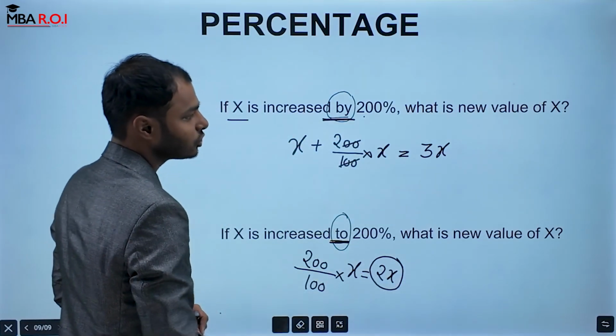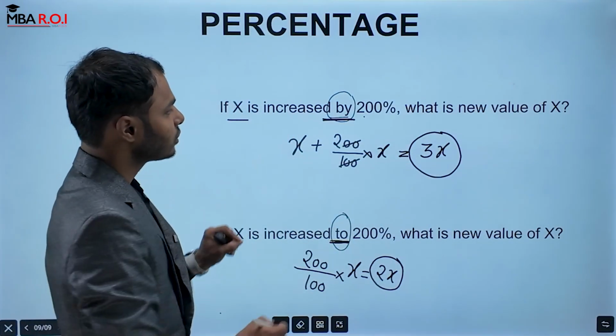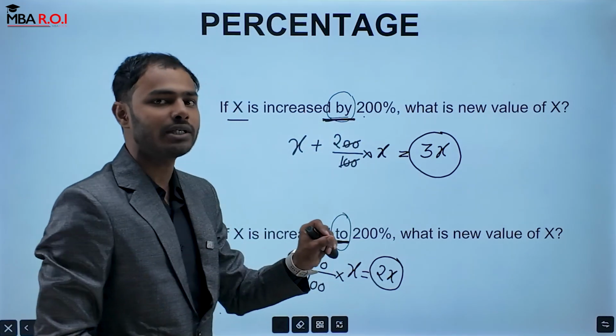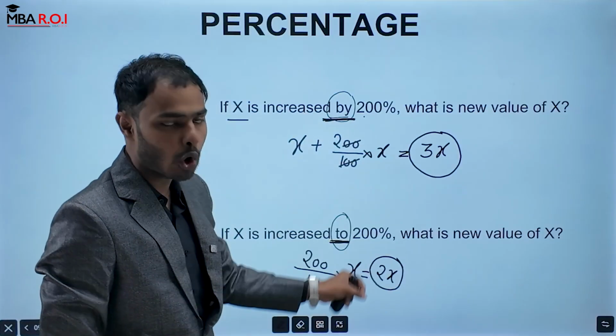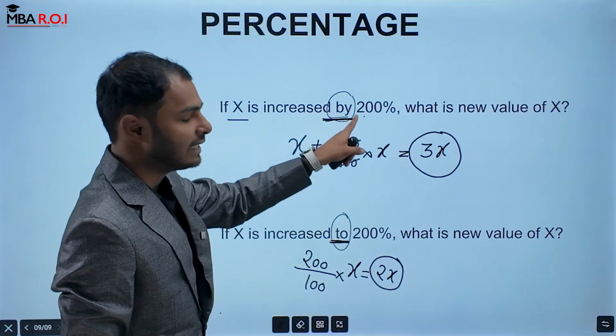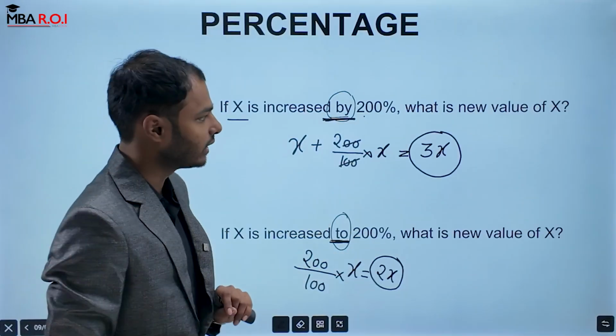So here the answer was 2x, there the answer was 3x. Just because of one word, our entire question can be wrong. So we have to read very carefully, and we should also know how to solve increased by and how to solve increased to. I hope this is also clear.